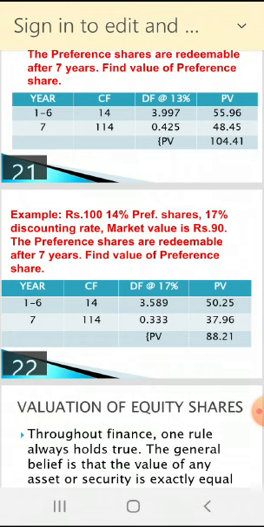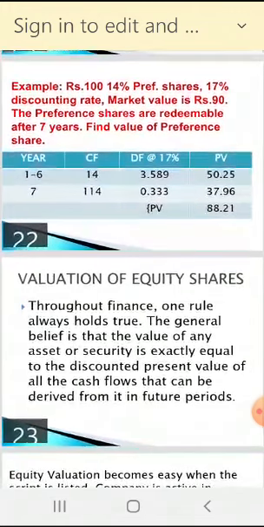Is it clear? So now I am putting a comma here. In the 5th part, we will go for the valuation of equity shares. Very difficult, because equity share dividend is not fixed. In a debenture, bond and preference share, everything is fixed.